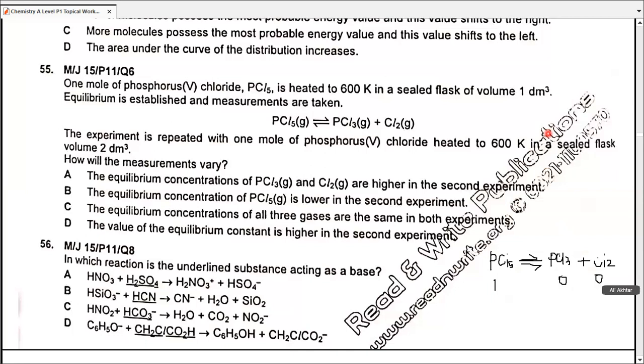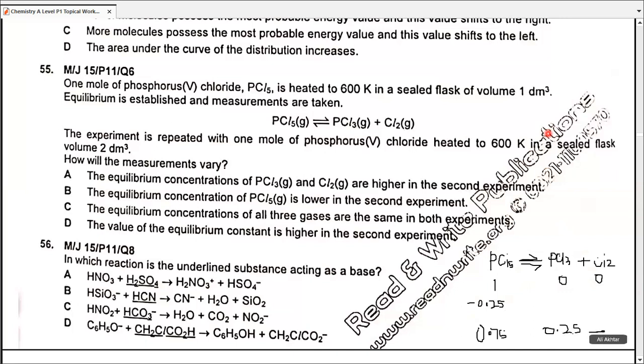So let's say 0.25 is used up, so minus 0.25. And then for PCl3 and Cl2, there would be plus 0.25. So the final equilibrium moles would be 0.75 and 0.25, and it should be the same for chlorine.